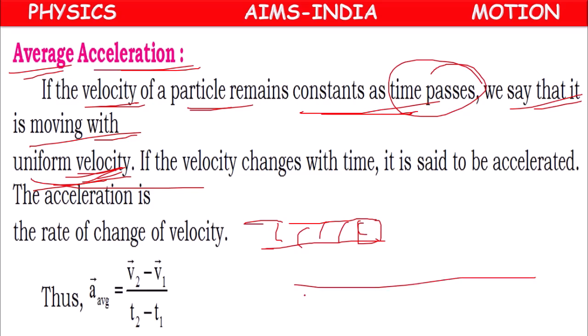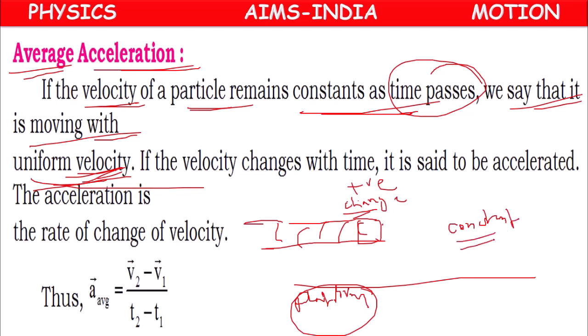While leaving the platform, it will increase its speed slowly. Speed will increase, positive. But after coming into the middle, for some time it will go constant. Sometimes it will go with constant speed or velocity.